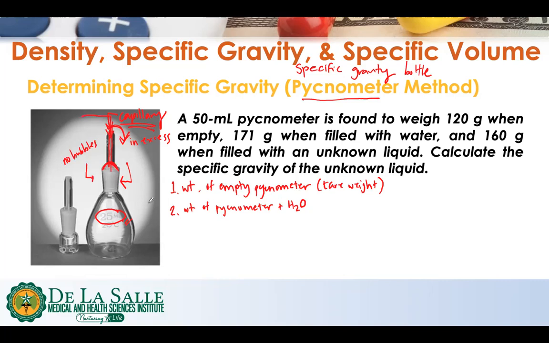Take note that the filled picnometer must not contain any bubbles, because the presence of bubbles will mean that the quantity is not the same as the stated volume of the picnometer.